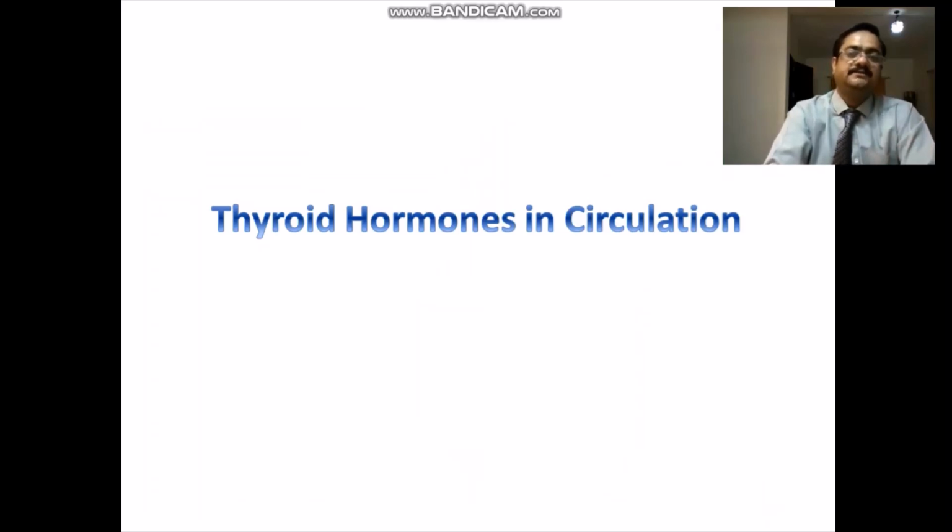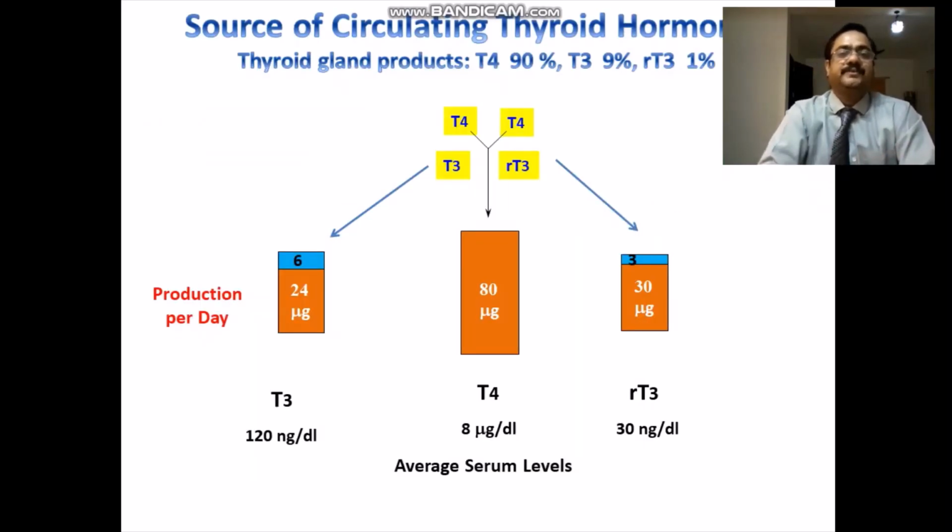Let's see how it enters the circulation. We know that the thyroid gland produces 90% T4, 9% T3 and 1% reverse T3. Here you can see T4 is 80 microgram per day. Of the total production of T3, 24 microgram per day comes from T4 and 6 is actually from the gland.